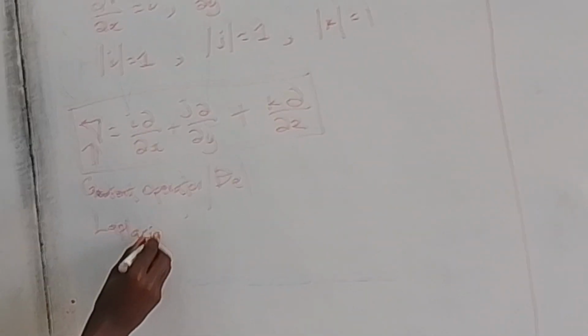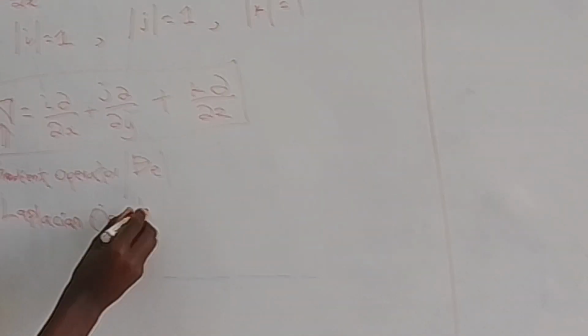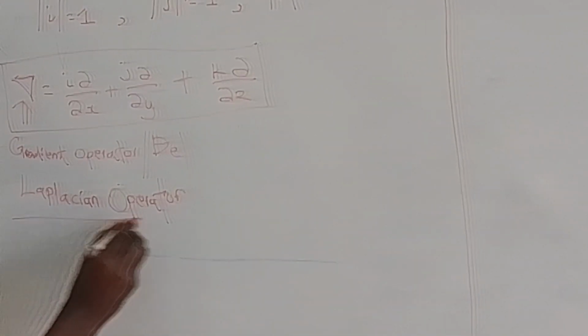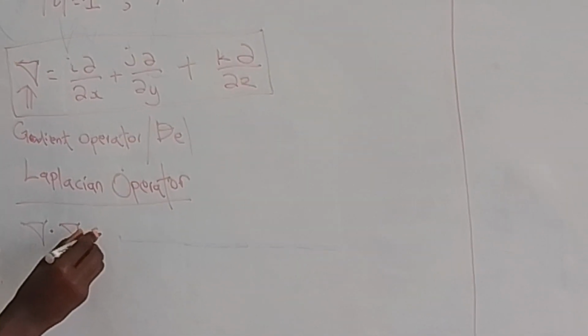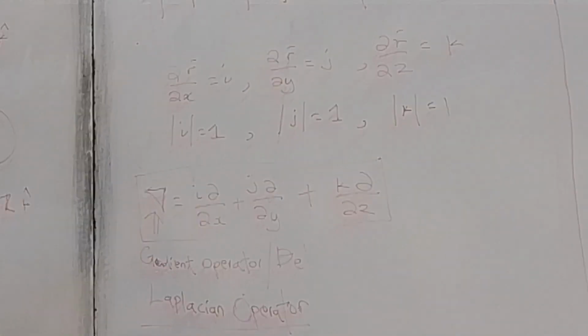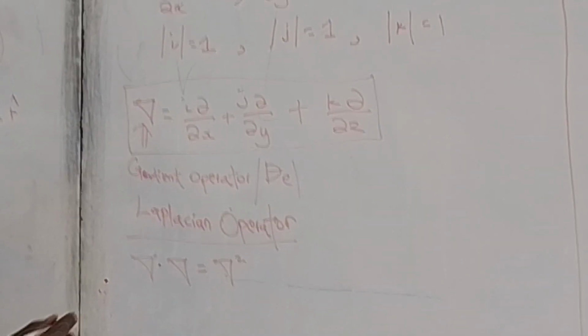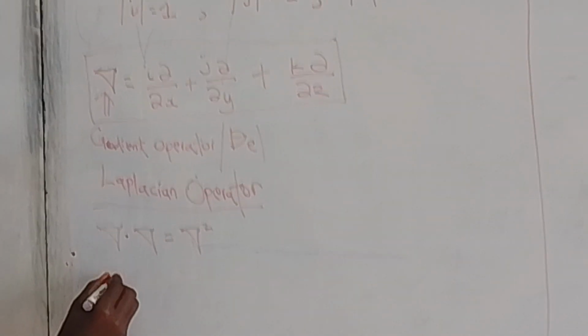So let's find our del squared, or the Laplace operator, which is del dot del. It's a dot product, meaning we are going to get del squared.